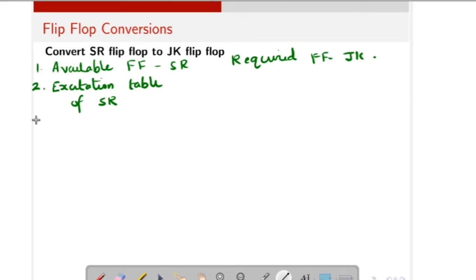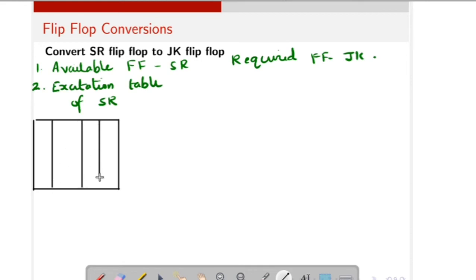The excitation table of the SR flip-flop has 4 columns: Qn, Qn plus 1, S and R. When Qn is equal to 0 and Qn plus 1 is equal to 0, then S is equal to 0 and R is equal to X, that is don't care.